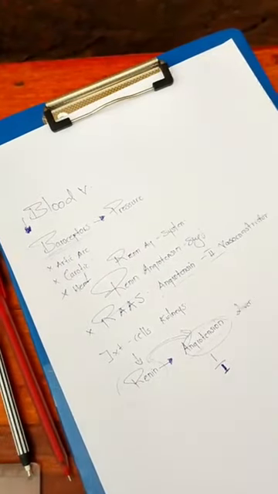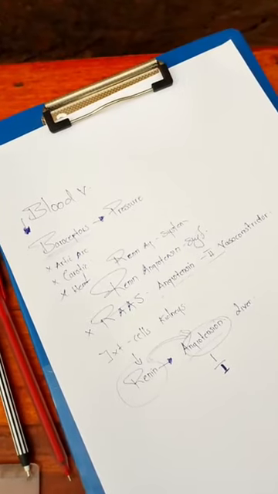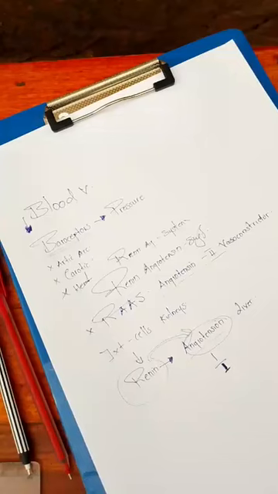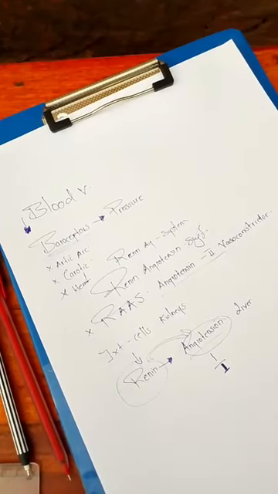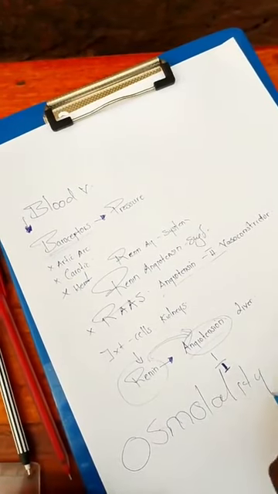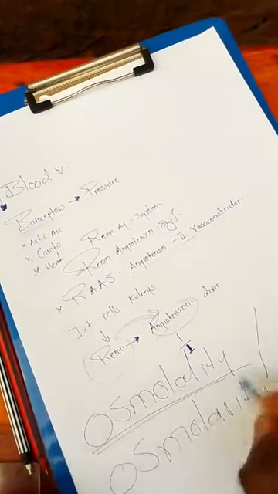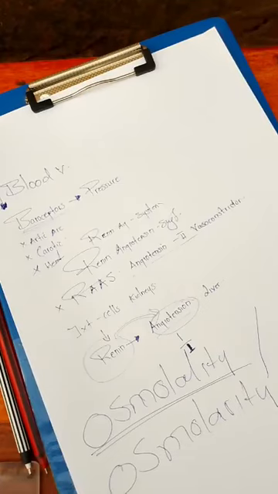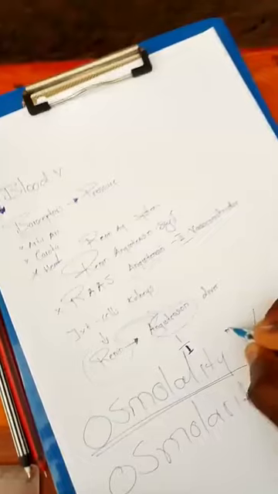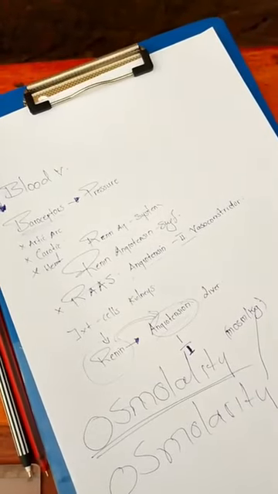What we said is that osmolality is basically the concentration of solute particles per kg of a solvent, and it is measured in osmoles per kg, or milliosmoles per kg, because we are measuring the concentration of those particles in 1 kg of that solution or solvent.